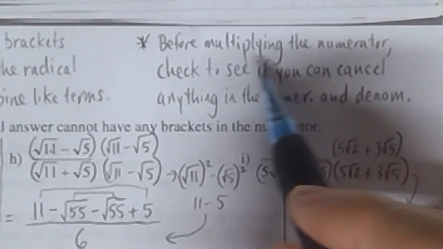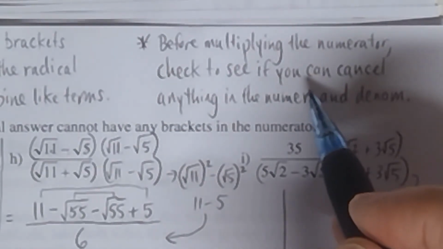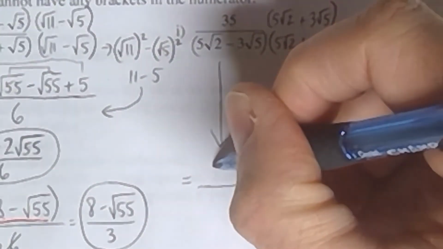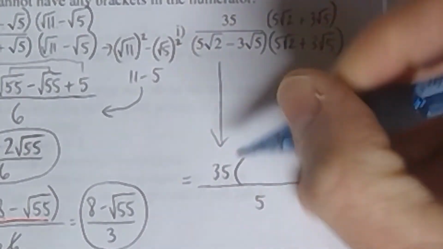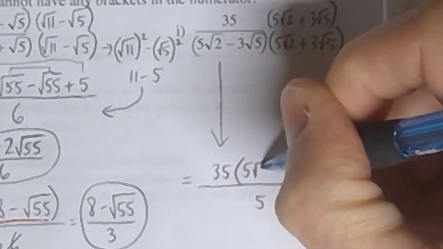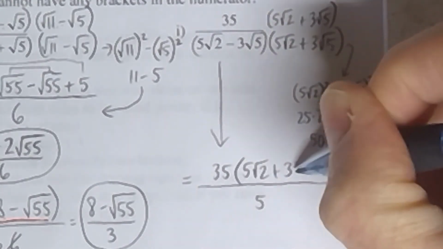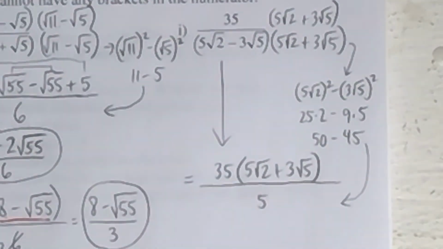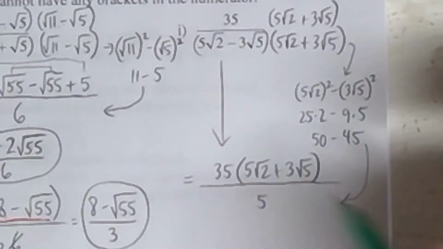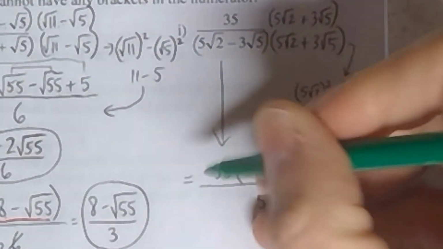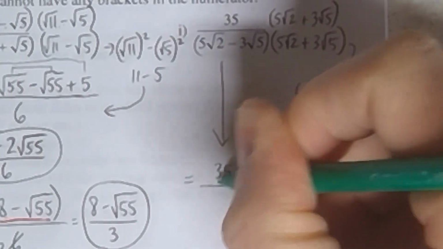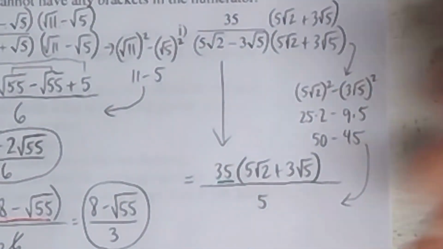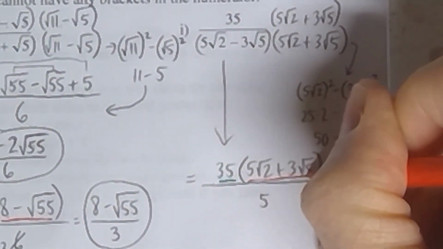But it says, before multiplying out the numerator and getting rid of the brackets there, just check that first to see if anything cancels. You know that what we're supposed to do is multiply 35 times this bracket, right? But before you do that, what I'm saying here is go ahead and realize that when you got a term times a bracket with more than one term in the bracket, that's a green one right there being multiplied by a red one.